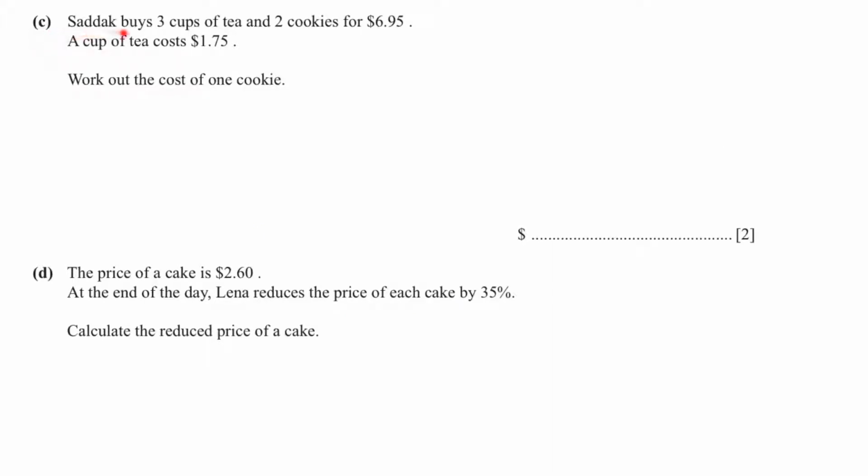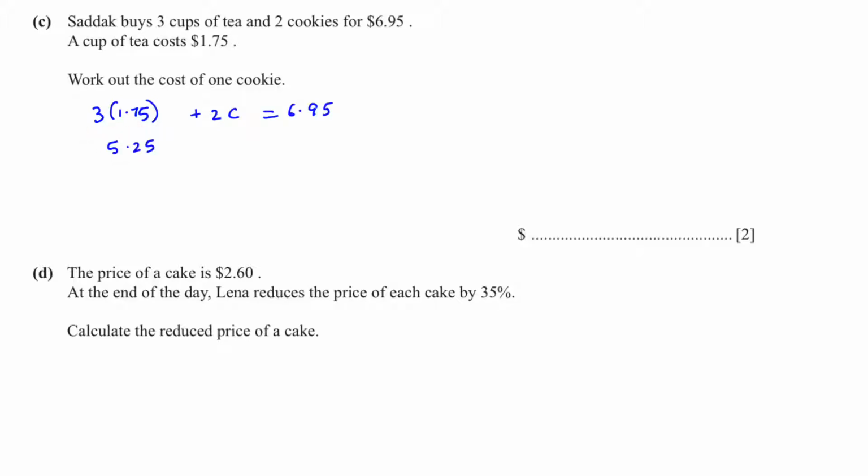1C. Sarak buys 3 cups of tea and 2 cookies for $6.95. A cup of tea costs $1.75. Work out the cost of 1 cookie. So 3 cups of tea means 3 multiplied by 1.75 plus 2 cookies. So 2C is equal to 6.95.